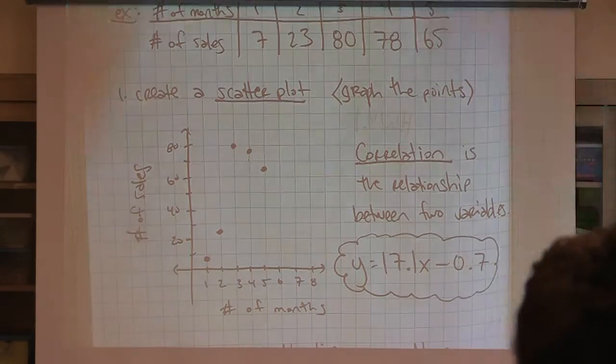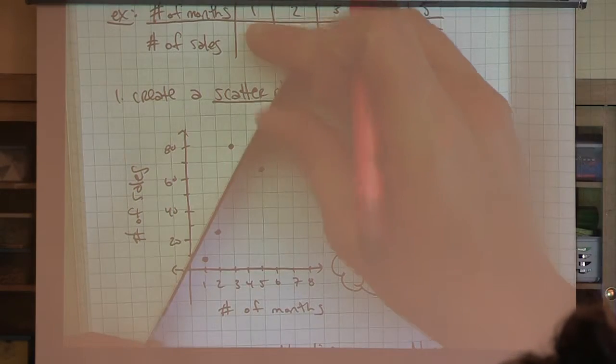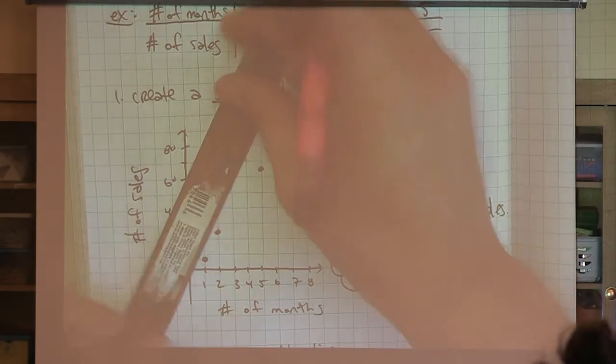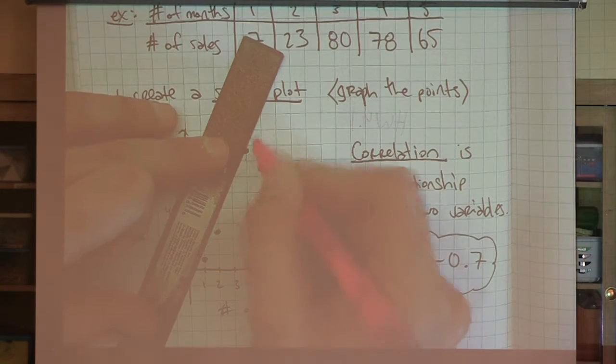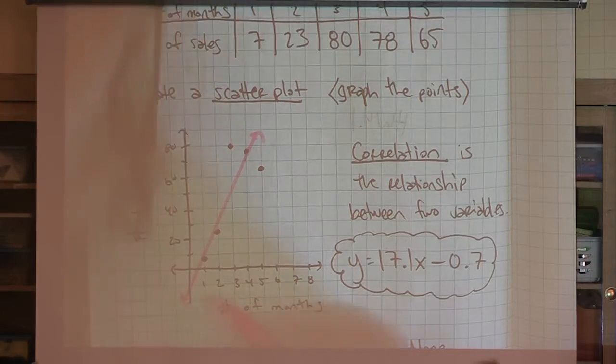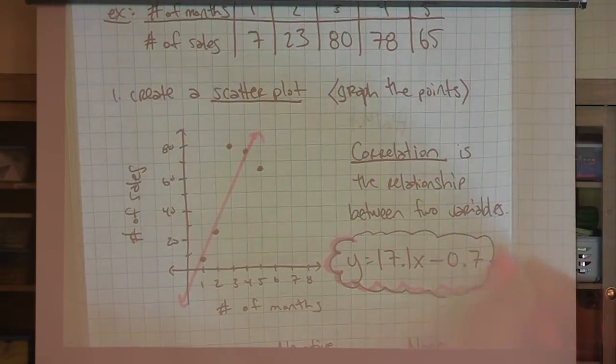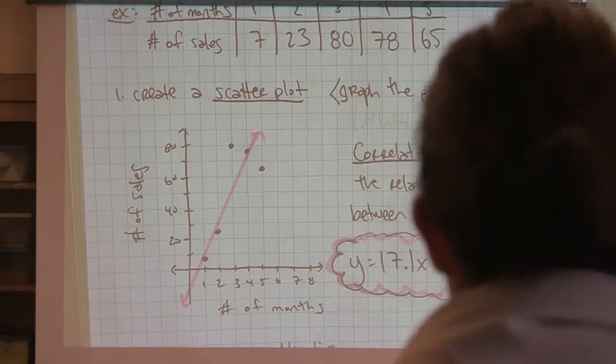And if we were to draw the line of best fit, because you could also draw it, a line that goes through here maybe looks something close to this. Okay, this is approximately this line.